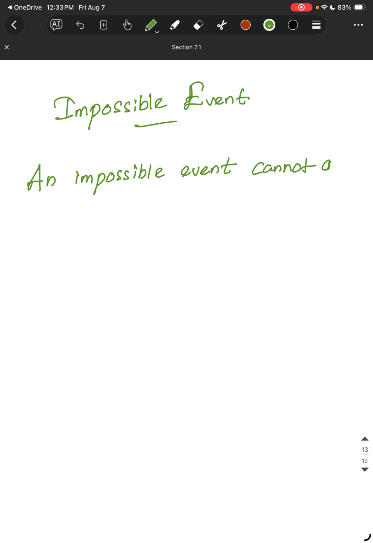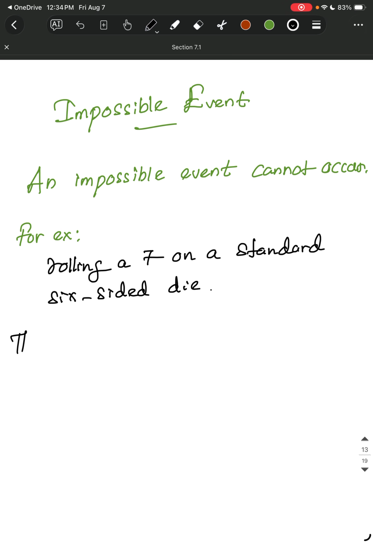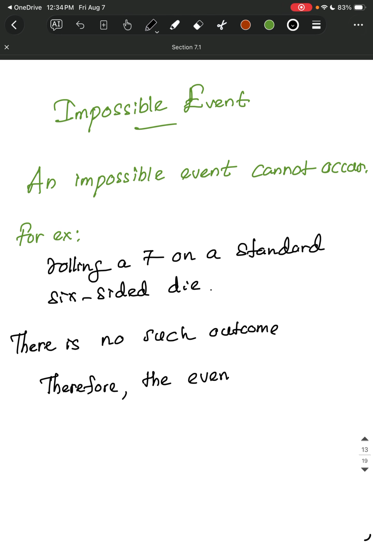For example, rolling a 7 on a standard 6-sided die. There is no such outcome. Therefore, the event is empty, impossible.